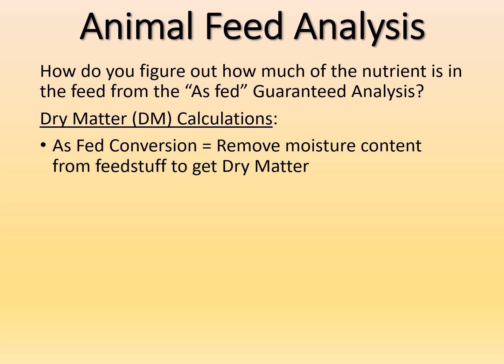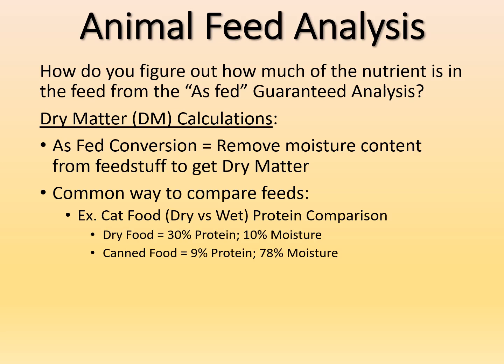It's a common way to compare feeds on this dry matter basis. So why don't we go through an example of how we actually do this? I'm going to use a marker here on the PowerPoint, and hopefully you'll be able to see it.